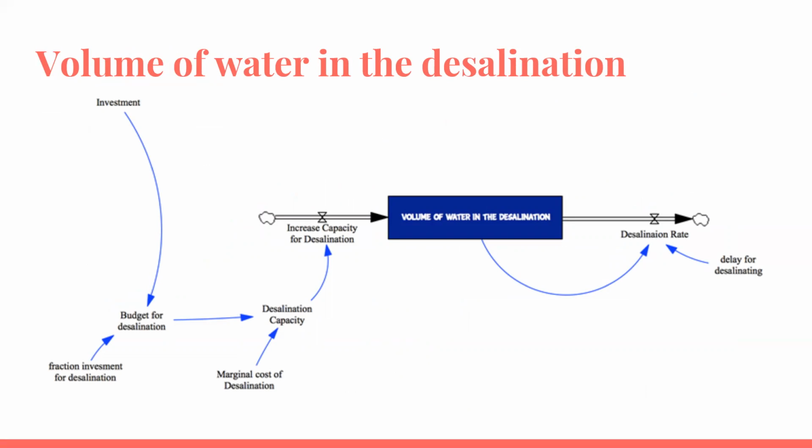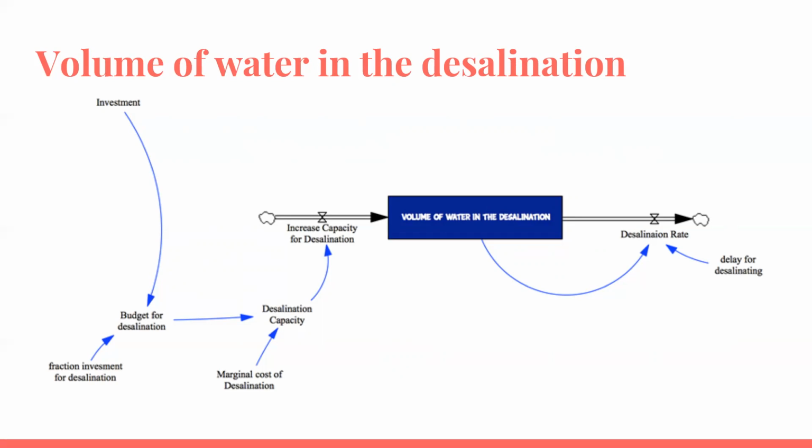Here we have volume of water in desalination. This stock measures the amount of water that is being processed to be desalinated, and the input rate depends on our capacity, because Chabahar is located near the Persian Gulf.